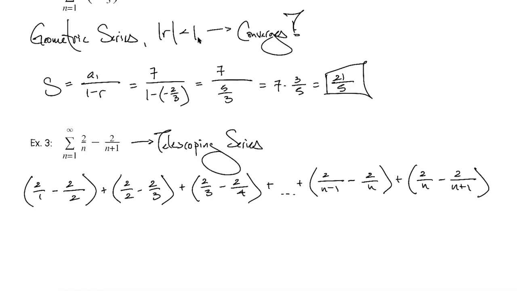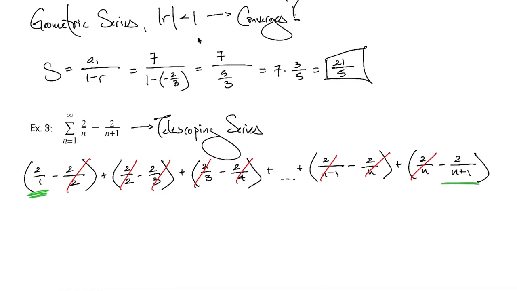Okay. So James, I really like the way you described that, because in this setup, a lot of things cancel out. And so we are left with just the first term and the last term here. So we have 2, and then we have this minus 2 over n plus 1.